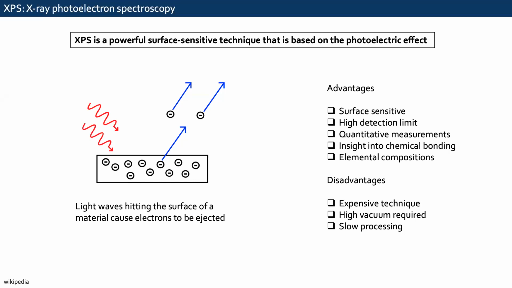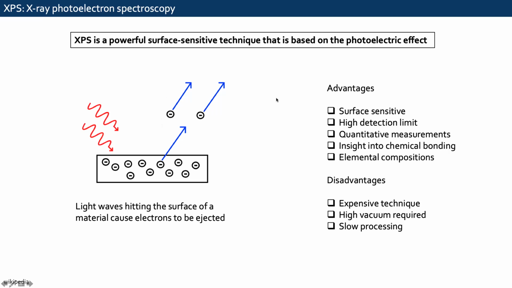On a really basic level, light waves hit the surface of a material and cause electrons to be ejected. You measure the energy of these electrons and the number of them, and that gives you information about the types of elements and the oxidation states of those elements. And there are a lot of advantages.